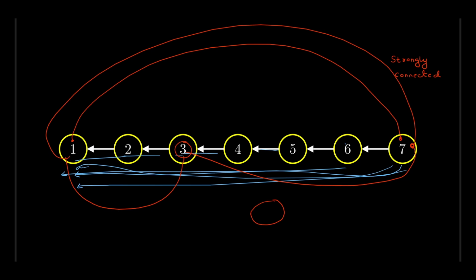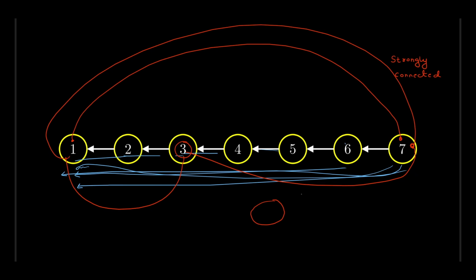Why is any of this working? Because this is a line graph. So one very crucial observation that we have made is that from 1, if you can reach 7 either directly or indirectly, then your answer is valid. And this is a necessary condition, right? But you can see that this is also a sufficient condition as well.